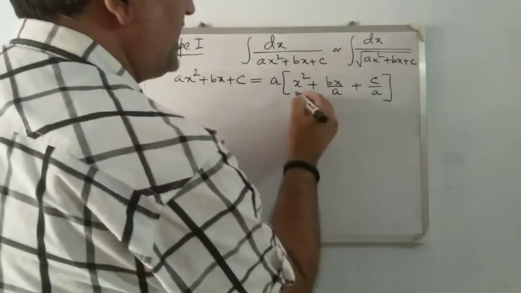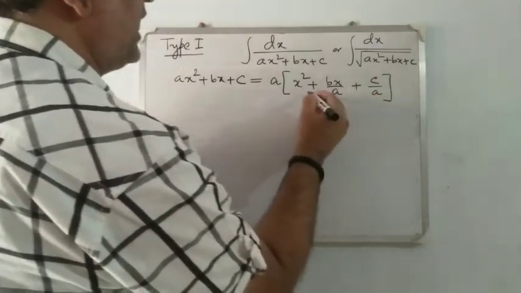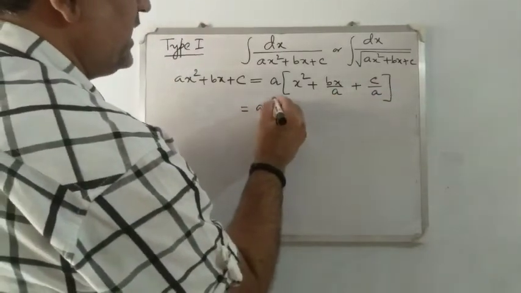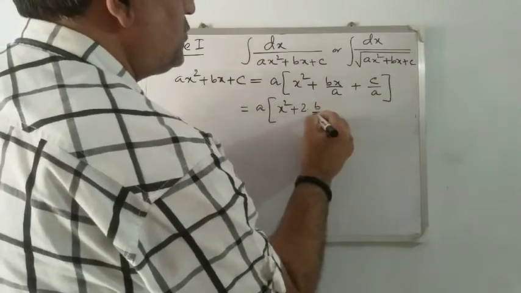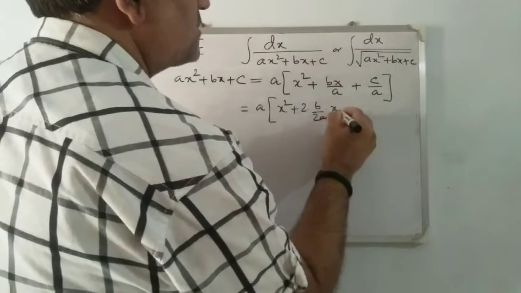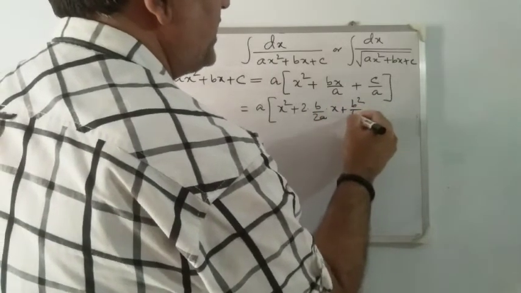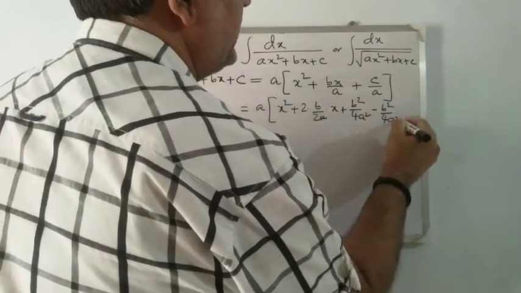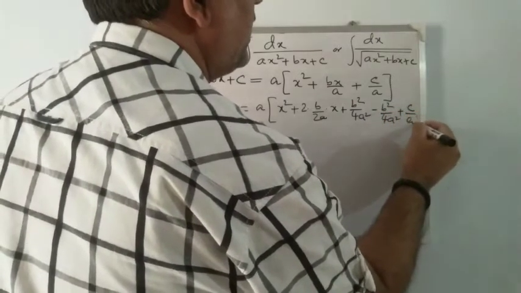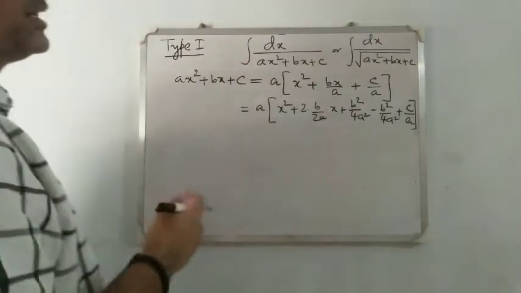Now boys, try to make it a perfect square. So what happens? a in the bracket x square plus 2 into b by 2a into x plus b square by 4a square minus b square by 4a square and then plus c by a. So this is your result.